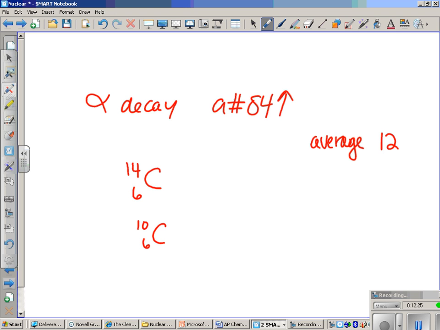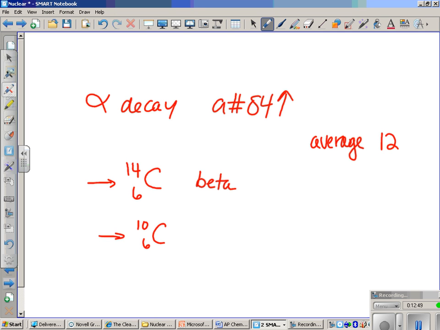If the mass of the isotope that you are looking at is greater than the average, as it is with this first one here, then, and you can see this on 3A, you're going to undergo beta decay. It's going to get rid of a neutron and make a proton. Okay, if it's greater than the average.